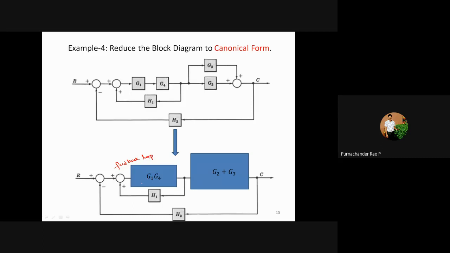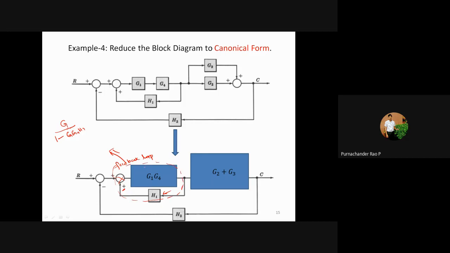Okay, this is a loop because your H1 is coming from after the G1 G4 block, and it is added to the summing point here. And therefore, these two are forming the loop. So the resultant of these two will be, as per our formula, G divided by 1 minus, because your feedback is positive, so this should be taken as negative, into G1 G4 into H1. So this is the resultant of this particular block.